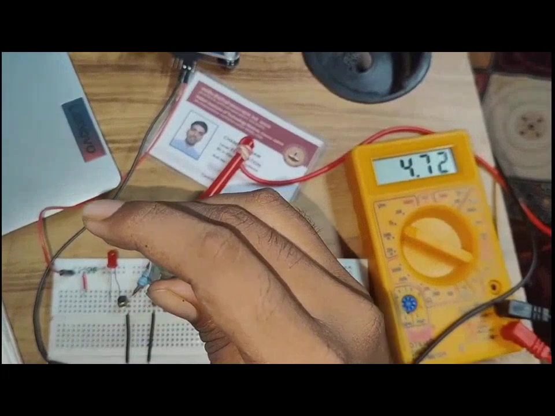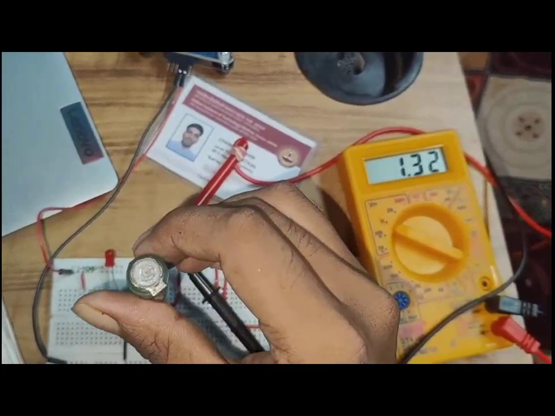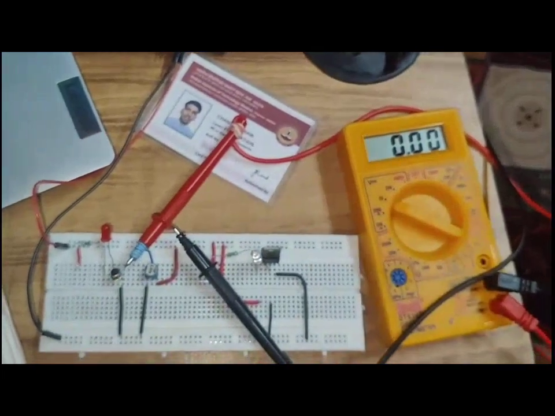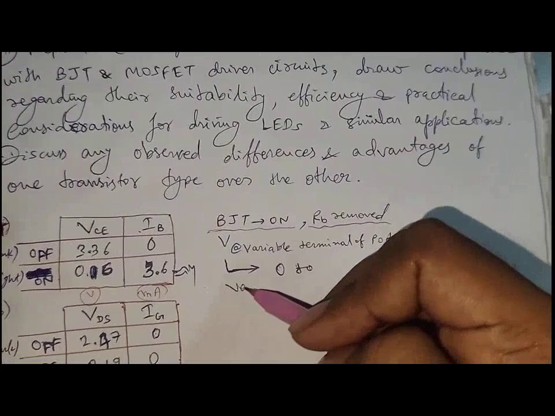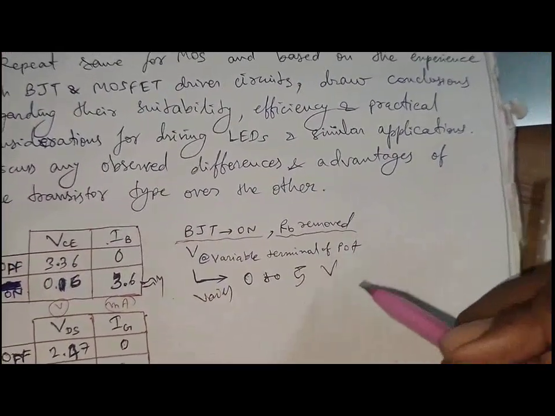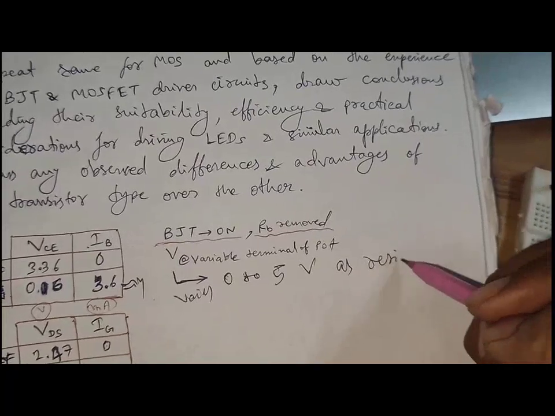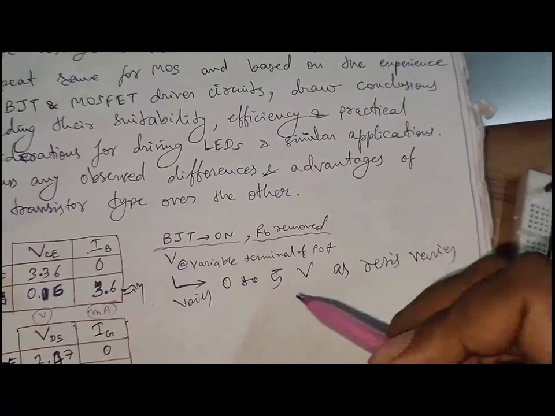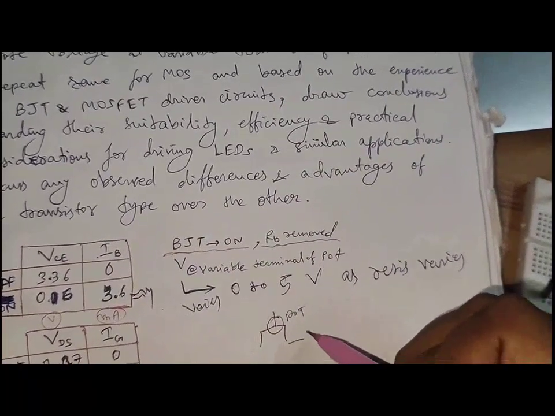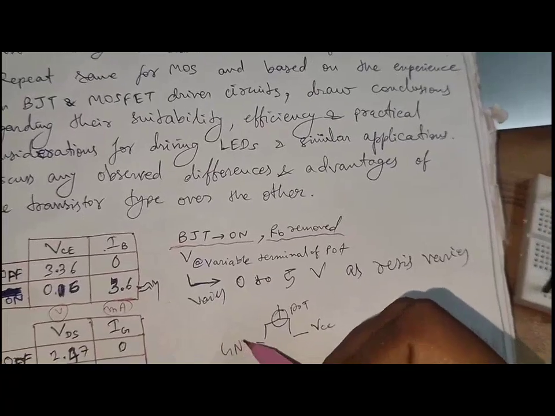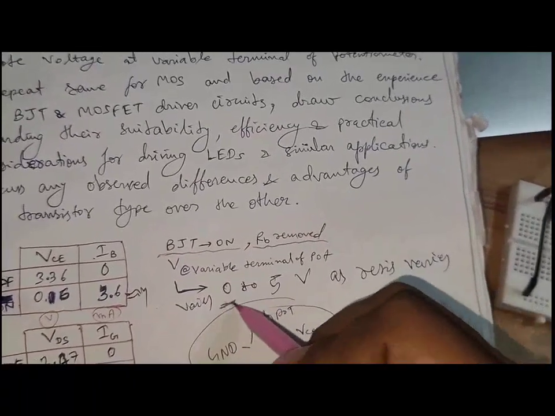It is changing from 0 to 5 as we are supplying VCC as 5 volt, and the variable voltage terminal varies from 0 to 5 volt as resistance varies. Because it is a potentiometer, here it is VCC and here it is ground. That's why it is varying from 0 to 5.